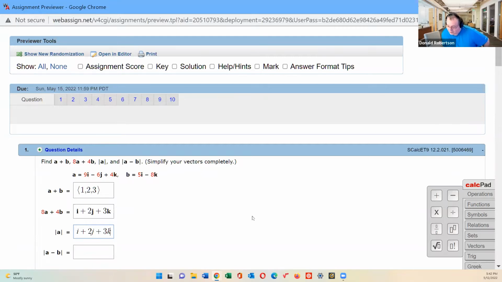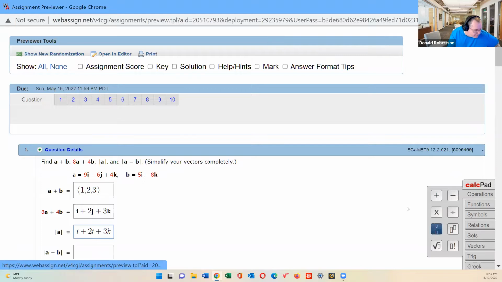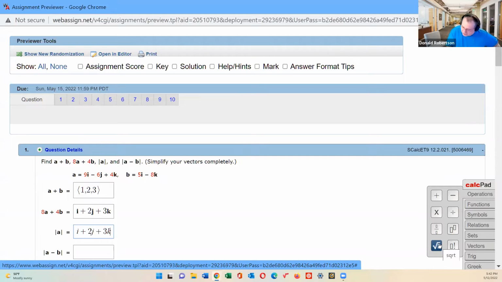It looks like you're typing in the answer, but WebAssign again will ding you, right? So when you're doing anything on the vectors, this sub menu is going to be your go-to guy. Now, I don't know why it's got a square root there. Well, I guess if you wanted the distance formula, the square root being there is kind of helpful, isn't it? Because you're doing all the vector stuff.